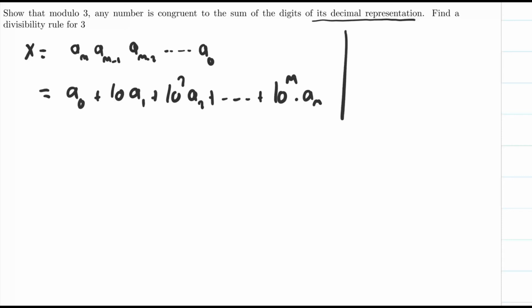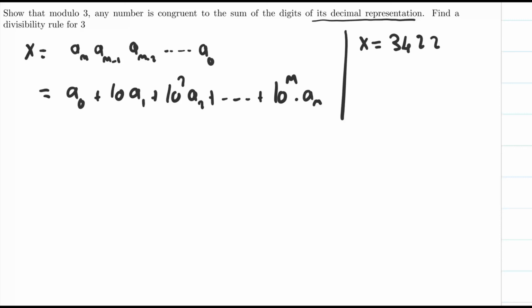Is this true? We can just think about it a little bit. Let's see. I'll take an example. Suppose that the decimal representation of x is 3,422.